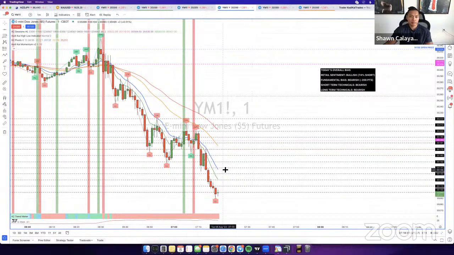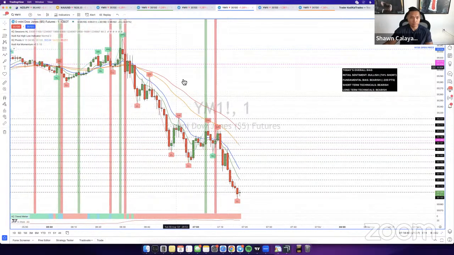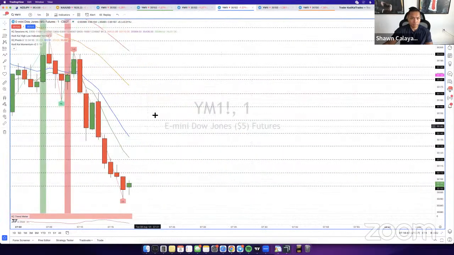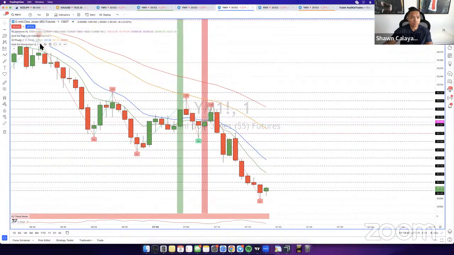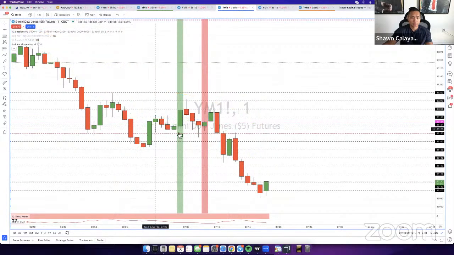But in order to identify that, that's why we have the momentum signals here, right? The momentum indicator is really what's timing it. It's lining it up for you. So let me look up closer, and let me just turn off the high-low indicator and the pivots. See right here, this is exactly what I was mentioning.